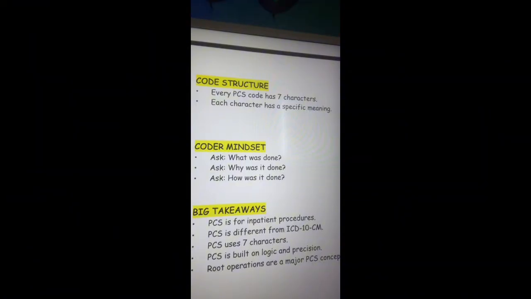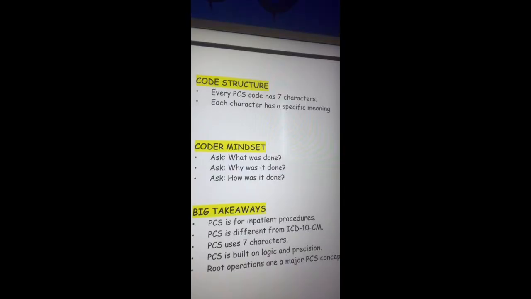And you'll see why in a minute. Okay? Each character in the 7 characters, guys, has a specific meaning. That means every part of the code is there for a reason. All right. And remember, you are building a code based on documentation and based on the details of the procedure. Okay. So that makes it easier.